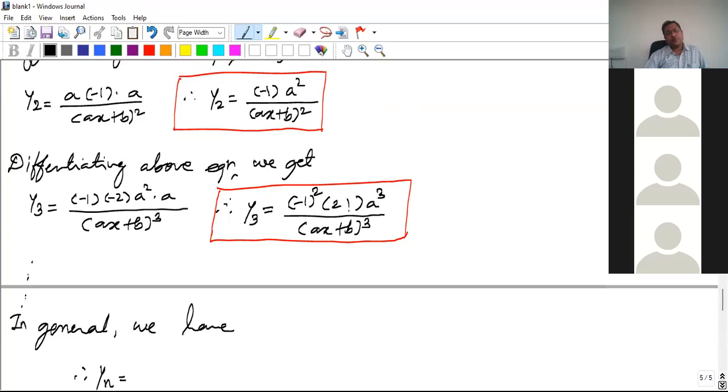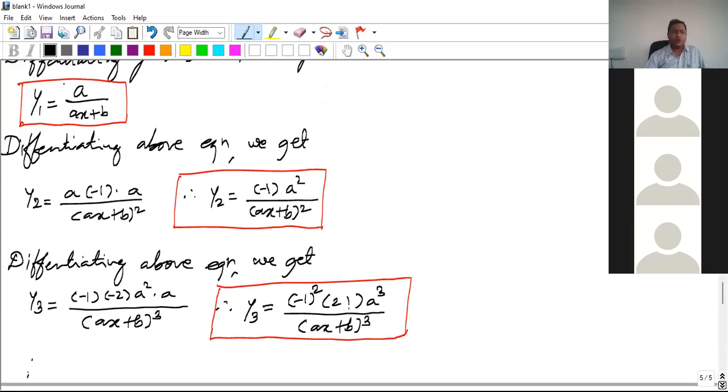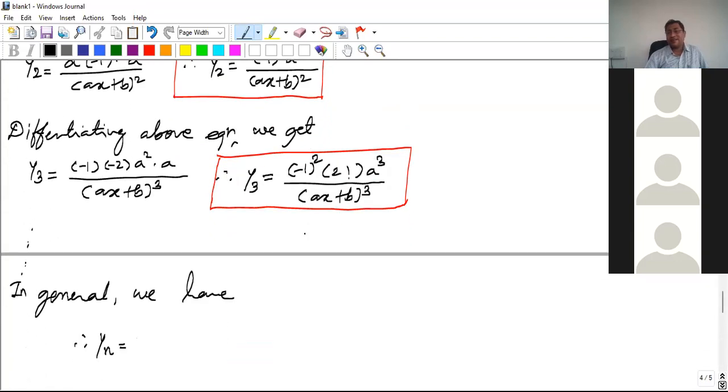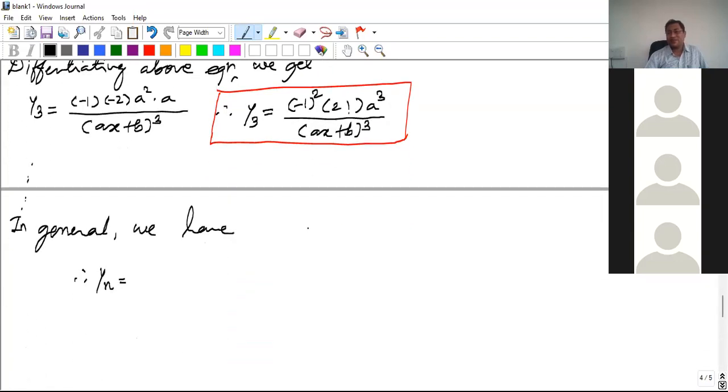For the first derivative, there was no minus term. For the second derivative, there was one minus term. For the third derivative, there were two minus terms. For the nth derivative, how many minus terms will there be? n minus 1. So we'll have minus 1 raised to n minus 1.